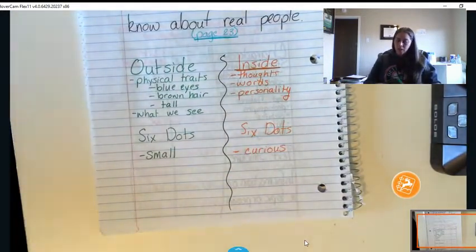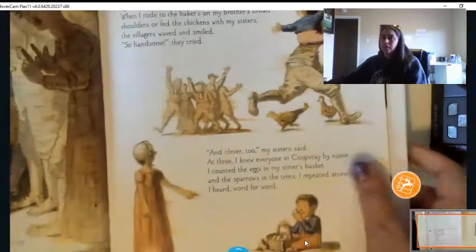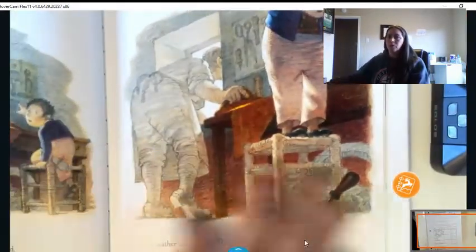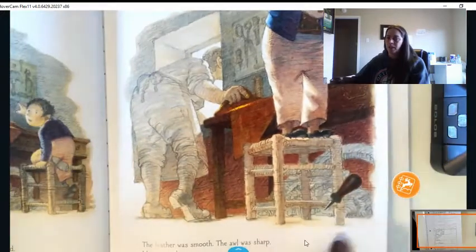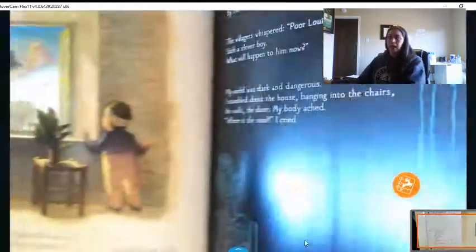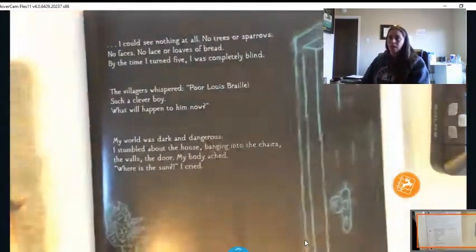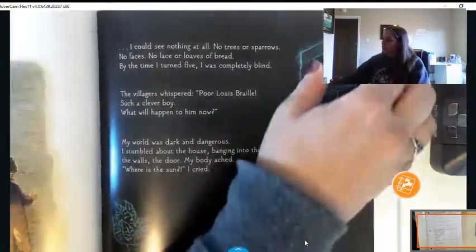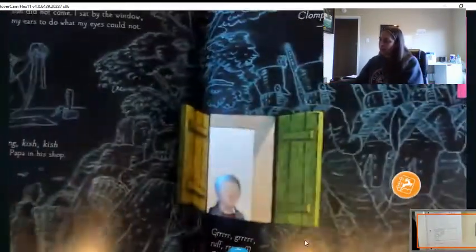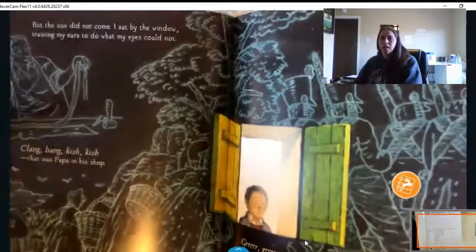Now, as Louis grew up, and while he was actually quite young, he played around with some tools in his father's workshop, and he actually hurt himself and got an infection in his eyes and went blind. So our next character trait that we have right here is that the sun did not come, but I sat by the window training my ears to do what my eyes could not.